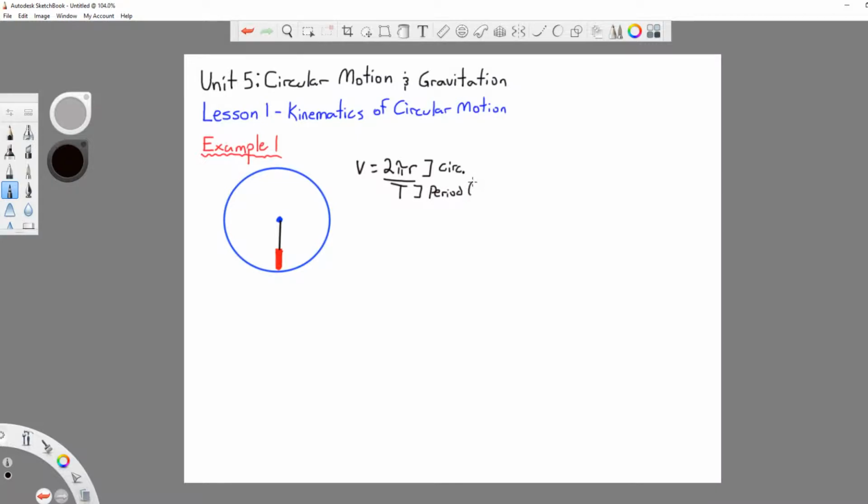So we can say this is the time to go around, I guess. And if we compare this to any other velocity formula, this is the distance, and the period here is the time. So nothing really that groundbreaking, right? Velocity is distance over time, or velocity in a circle is the circumference over the amount of time that it takes to go around that circumference.